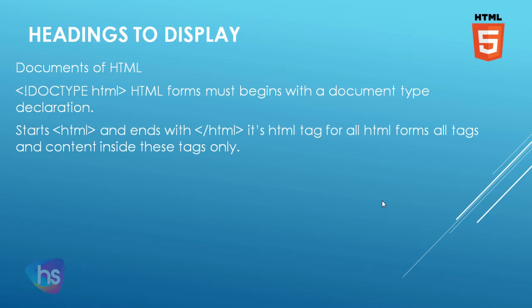For all tags, we add a forward slash, write the tag name and close it with the less than and greater than symbols. That is how we write a start tag and end tag. All the information, HTML forms, tags and content go inside the html tags.